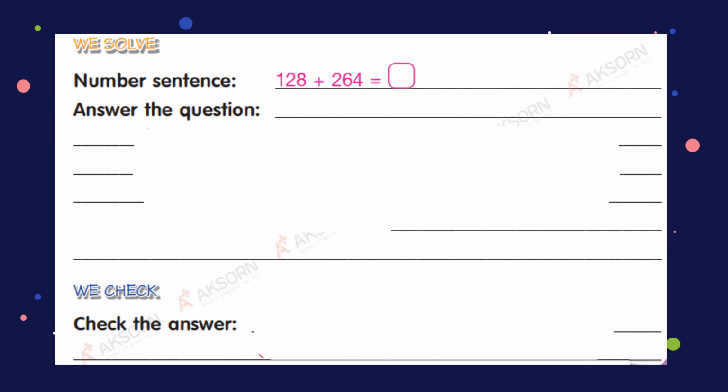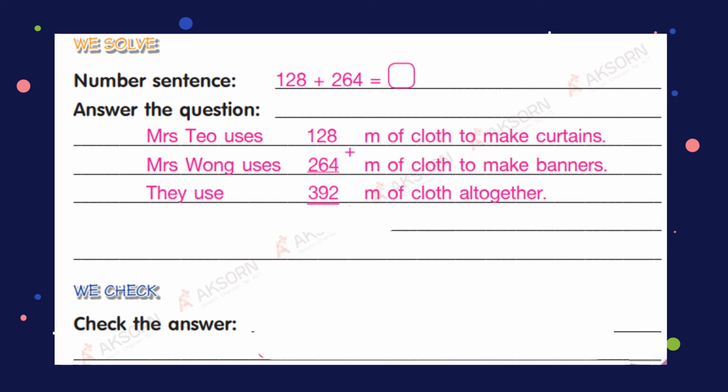If we're going to answer the question, Mrs. Teo uses 128 meters of cloth to make curtains, and Mrs. Wong uses 264 meters of cloth to make banners. We're going to add them all together. So they use 392 meters of cloth altogether.